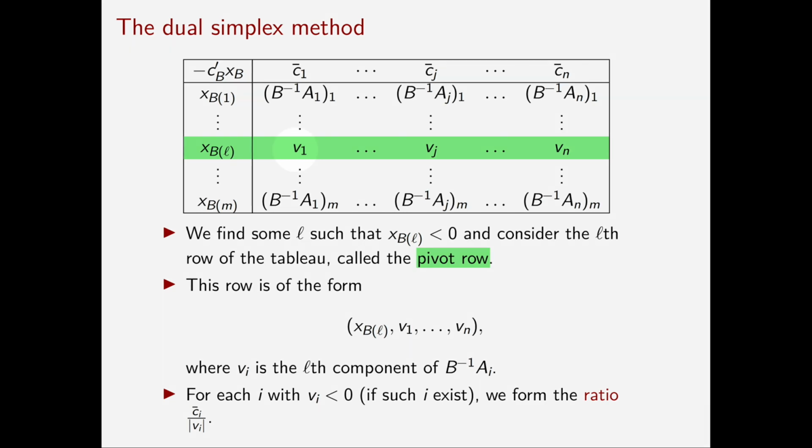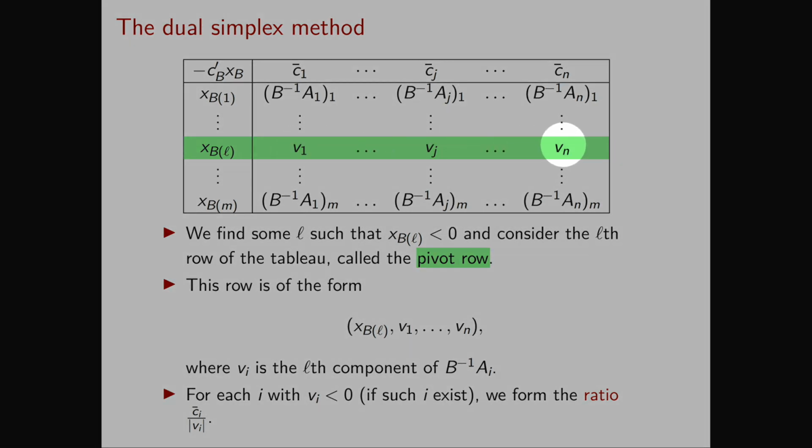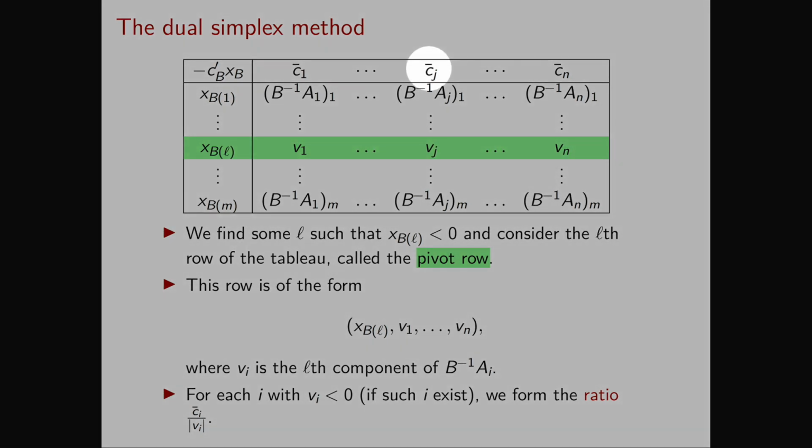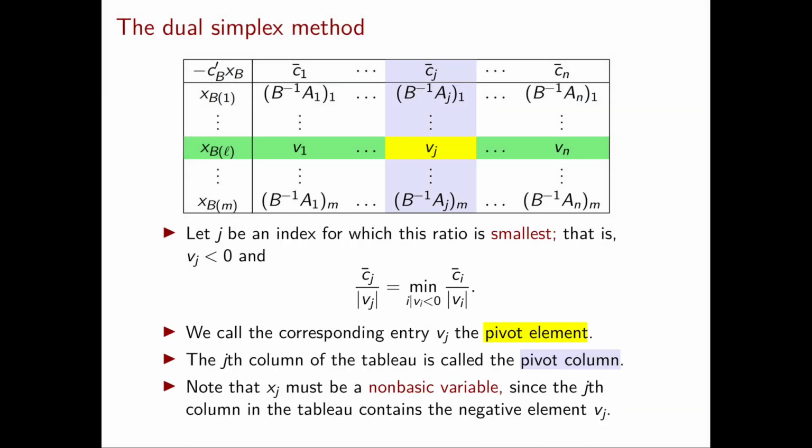Let's denote these components by v_1 until v_n. Now, for every v_i that is strictly negative, we form the ratio c-bar_i divided by the absolute value of v_i. We select the index j for which this ratio is the smallest.